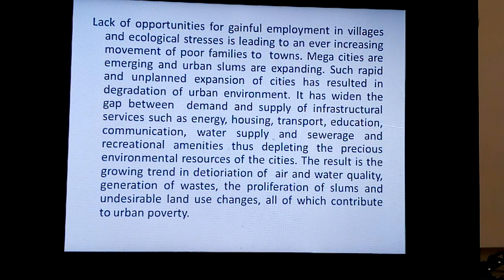The result is a growing trend in the deterioration of air and water quality, generation of waste, the proliferation of slums and undesirable land use changes, all of which contribute to urban poverty.